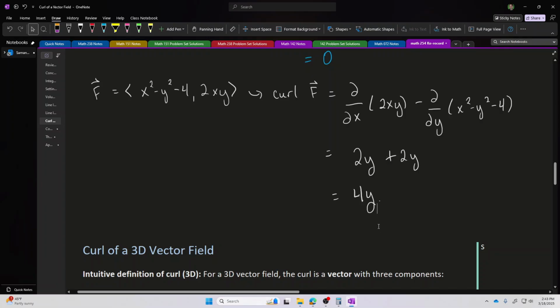And so that is matched by this result here. The curl is this particular function of y. The sign of the curl depends on the position. So that's curl for a 2D vector field. The curl is a scalar which measures how much the field is swirling or curling counterclockwise.